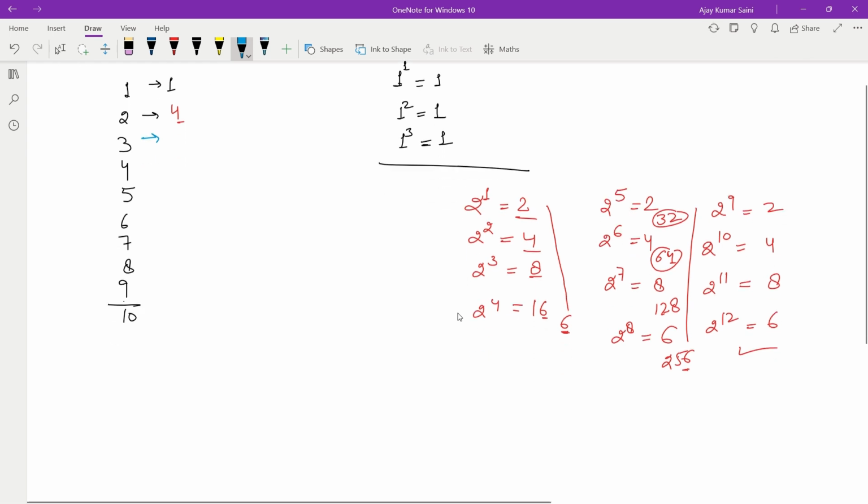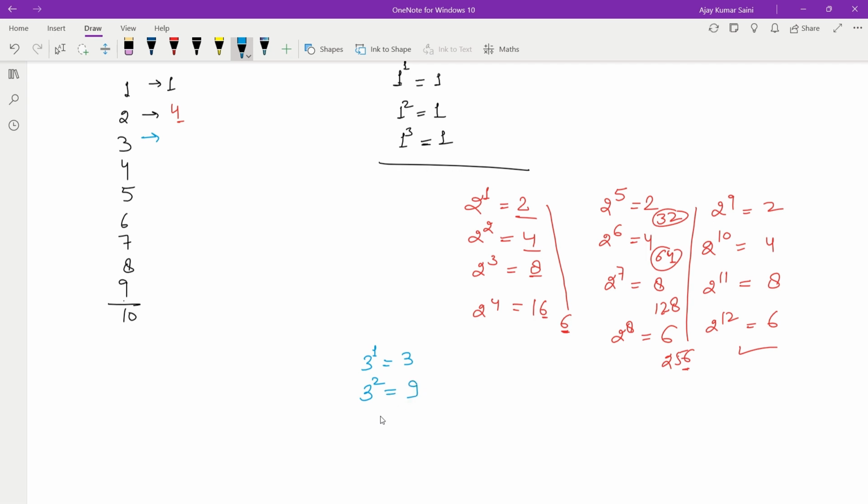Now for 3. If the power of 3 is 1, the value is 3. If the power of 3 is 2, it is 9.